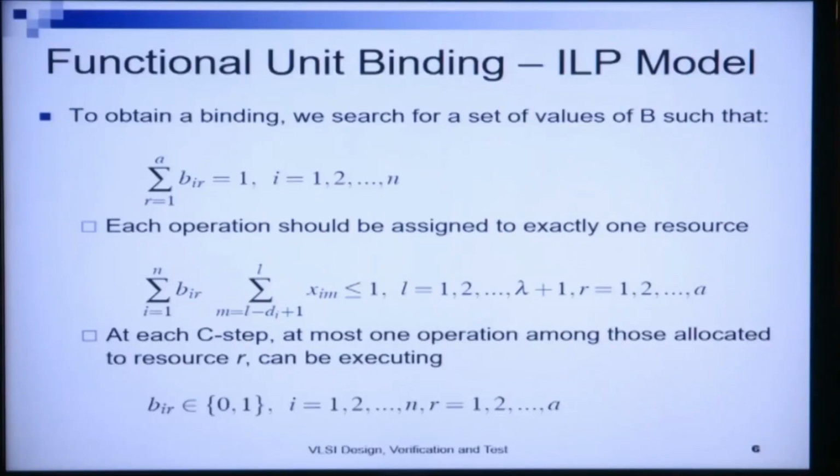So at the current time step, operation i is executing only if it has started at most d_i time steps earlier than the current time step, and this value will be 1 when operation i is executing at the current time step. Now we come to the first term here. What does this first term tell me? Summation i equals 1 to n of b_ir.